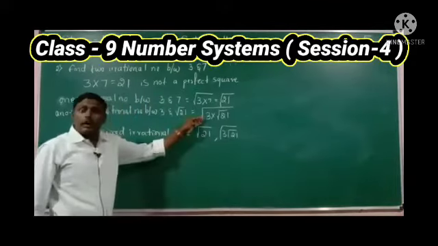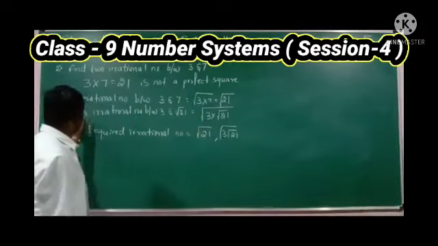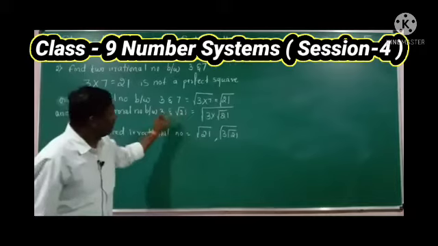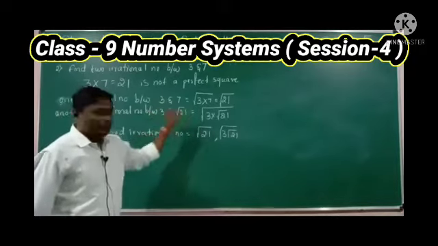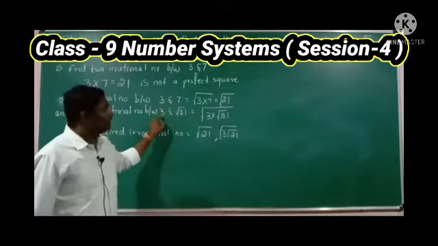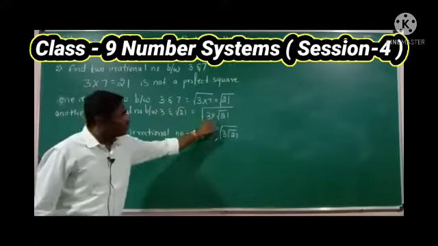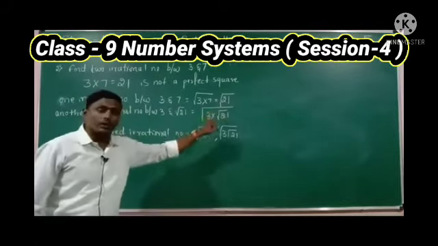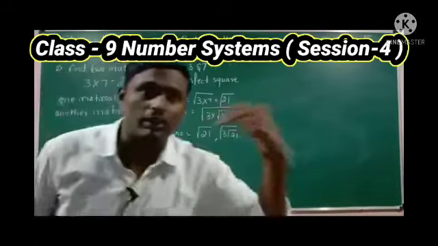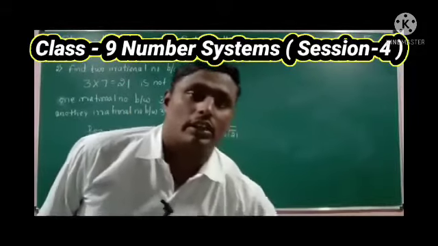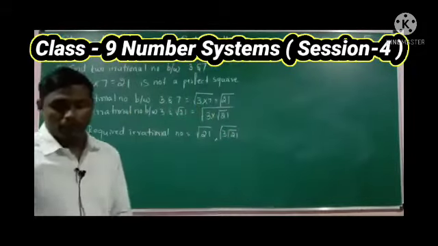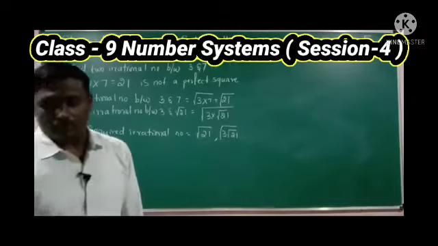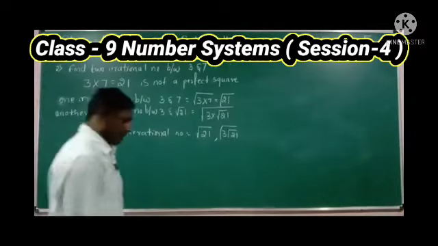If I need one more irrational number, you need to multiply 3 and 3 into root 21, root of 3 into root 21. Then you will get the third irrational number. Like this, we will find the irrational numbers between any two numbers.